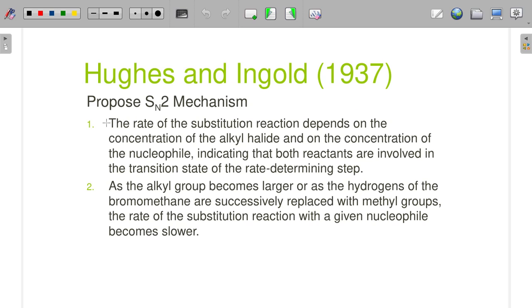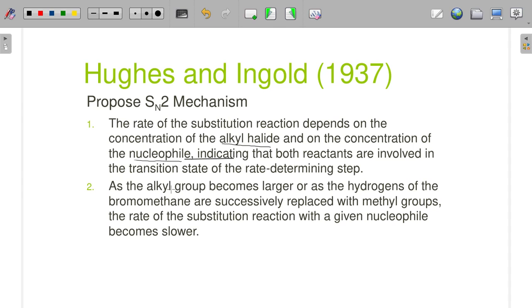All right, so back in 1937, Hughes and Ingold proposed a mechanism for SN2. It's got our two main things going on in here. The rate of substitution reaction depends on the concentration of the alkyl halide and the concentration of the nucleophile. That indicates they're both involved in the slow step, or the rate determining step.